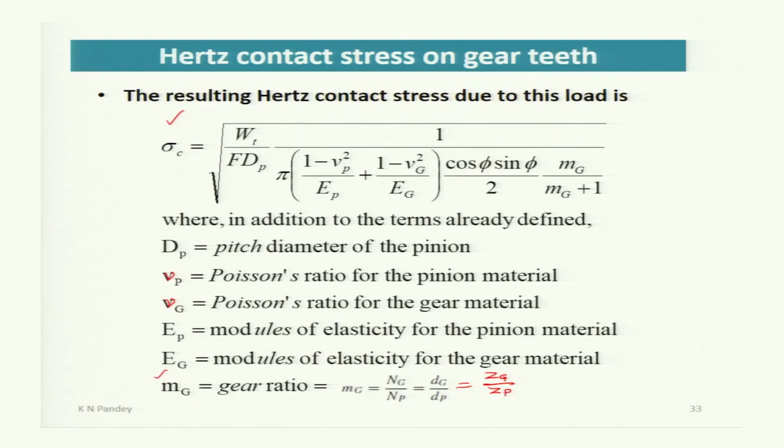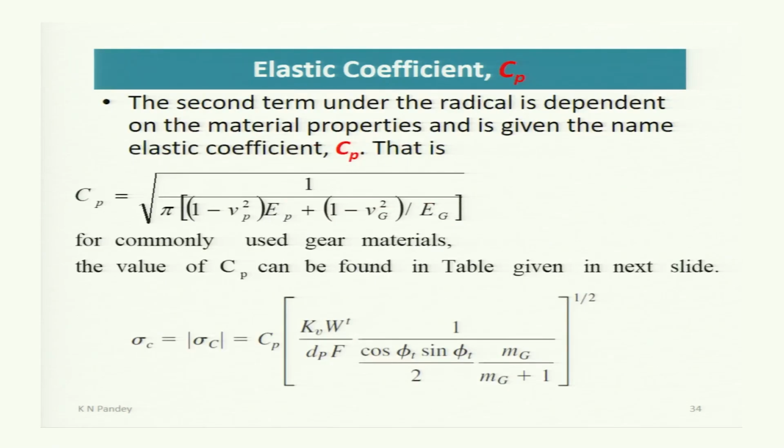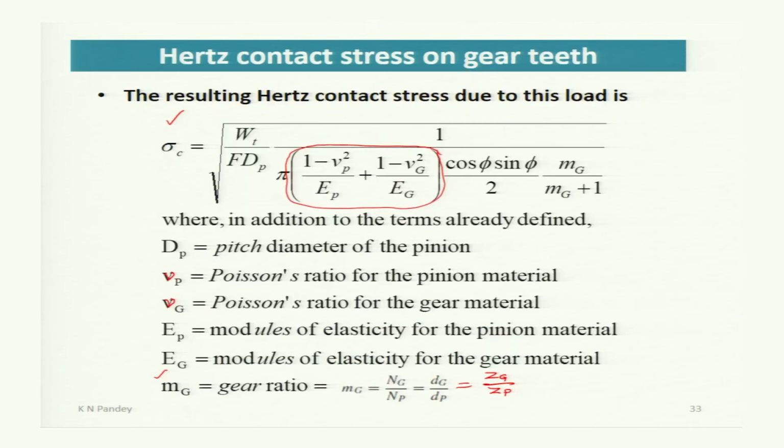Now, in this formula, if you see this term, it is dependent on the material, Poisson's ratio and the elastic modulus, and it is combined and given the name elastic coefficient Cp, and Cp is given by under root 1 divided by pi and the term related to the material property in this equation.